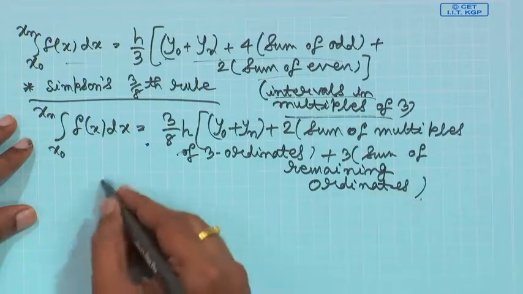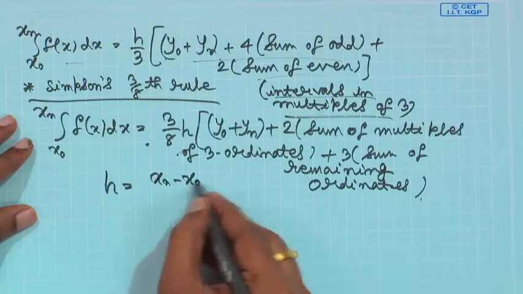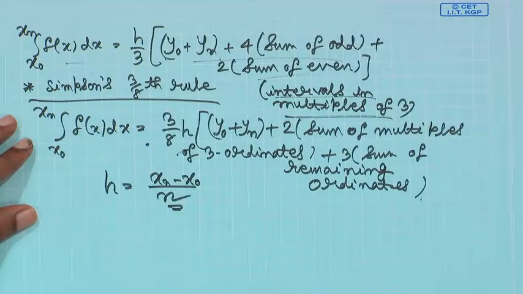And your h is (xn minus x0) divided by n, where n is the number of intervals.